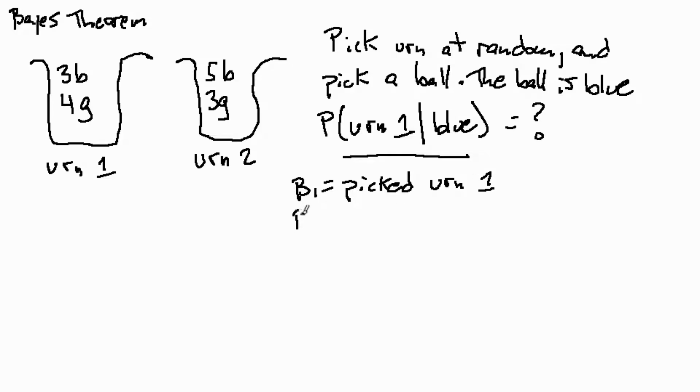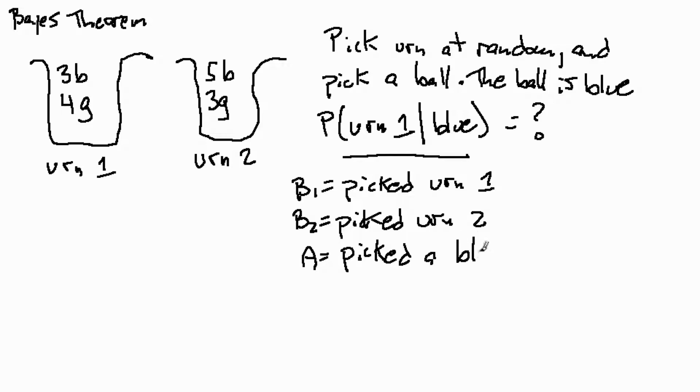Why don't we let B2 equal picked urn 2? And why don't we let A equal pick the blue ball? So what we're being asked to calculate here is the probability of B1 given A. And the answer is I don't know.